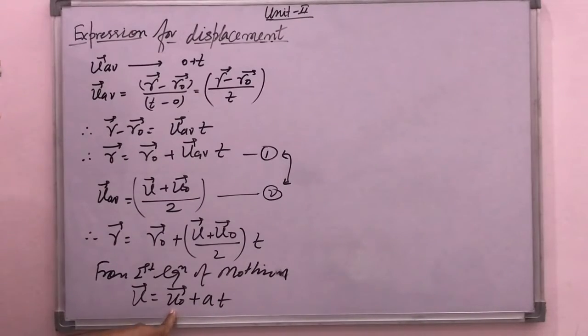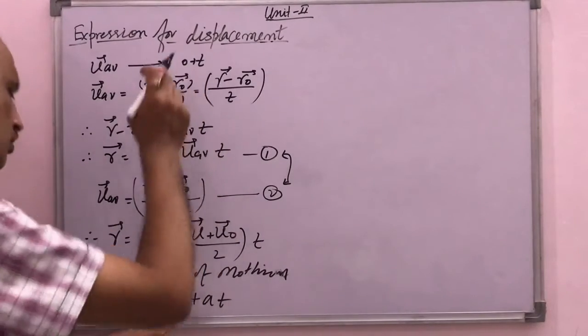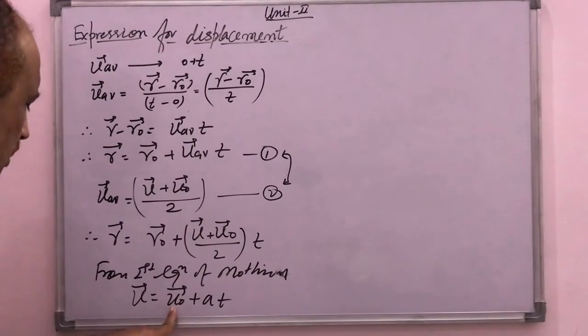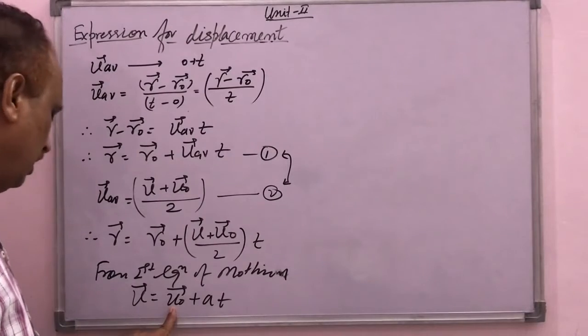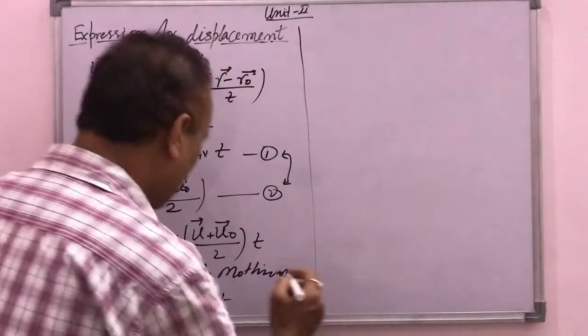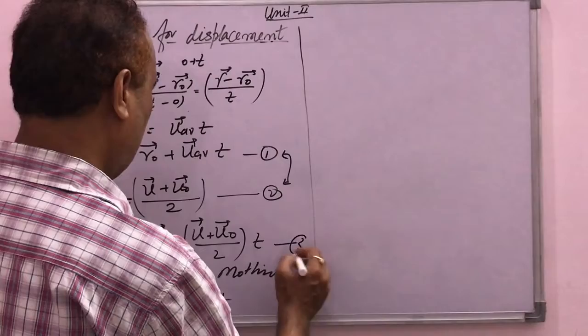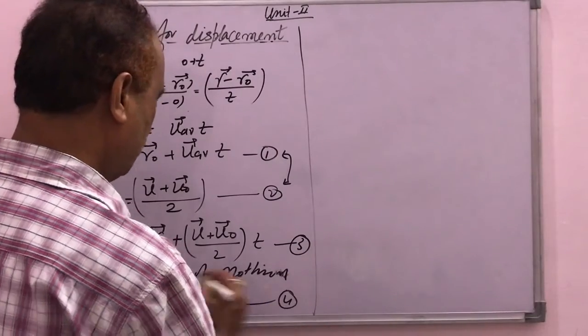The initial velocity U is equal to V naught at time t equal to 0, so we replace U by the V naught vector. So V vector will be equal to V naught vector plus A t. Now put the value in equation number 3. Suppose this is equation number 4.